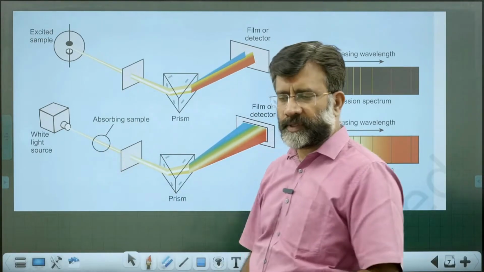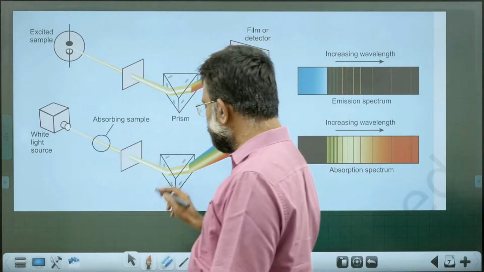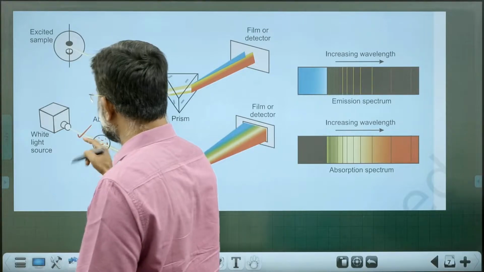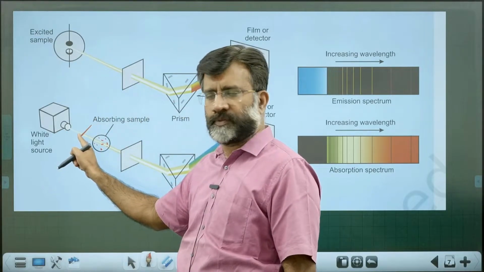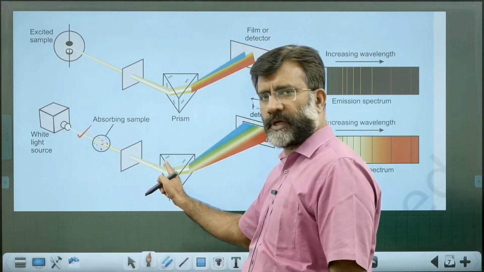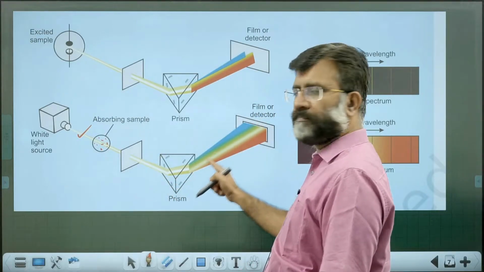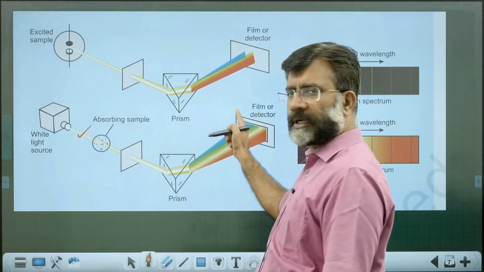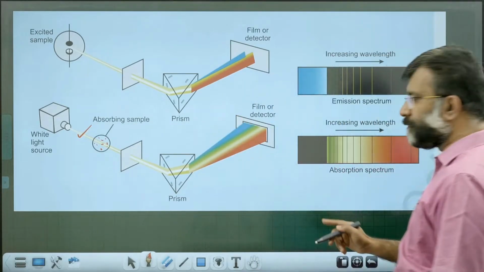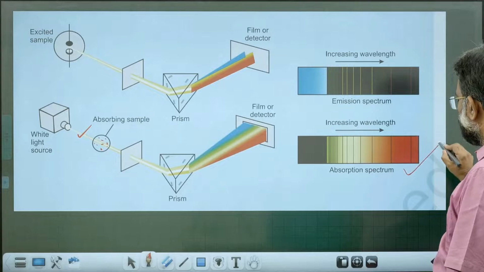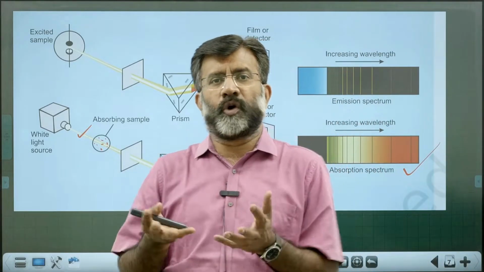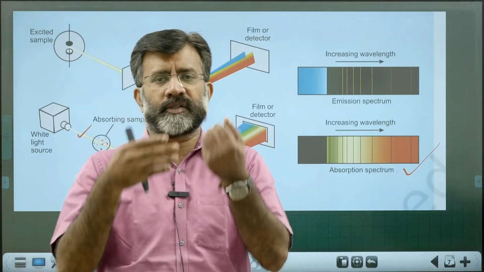Now what happens is that the sample of gas, the matter inside here, will absorb certain radiation from the white light and the remaining radiation comes out. When taken through a prism onto a photographic film, you can see this is the diagram you get. Out of many VIBGYOR radiations, many are missing.